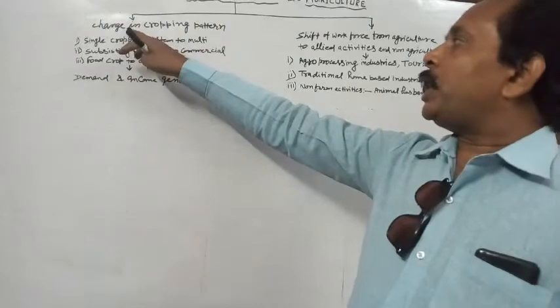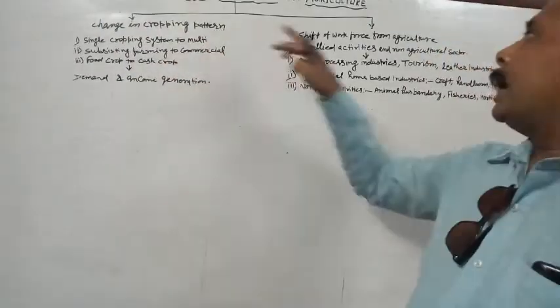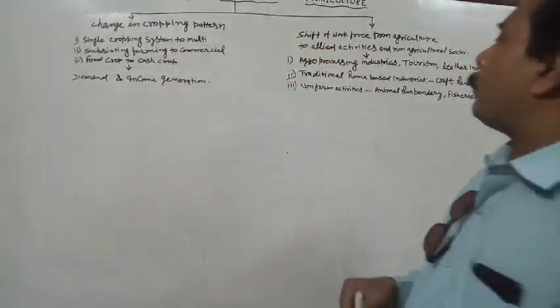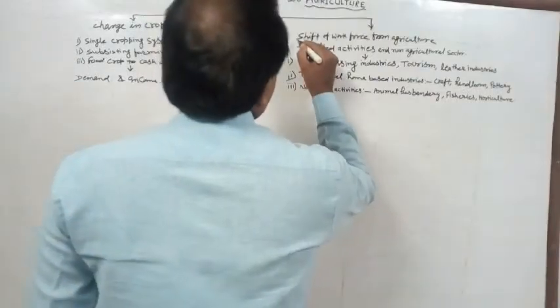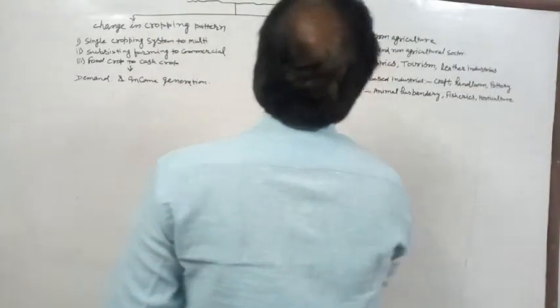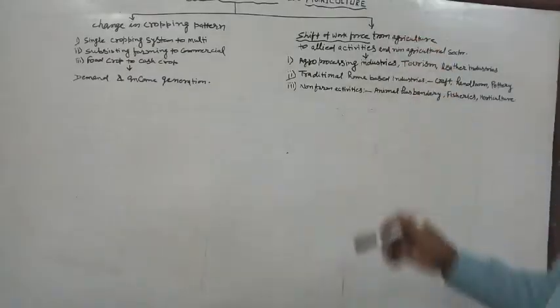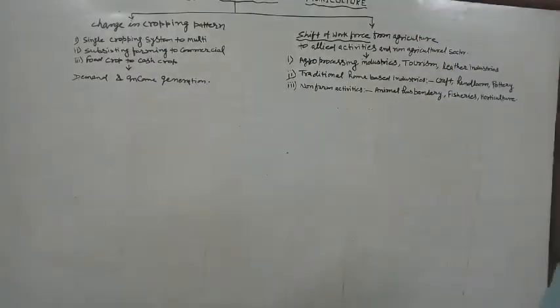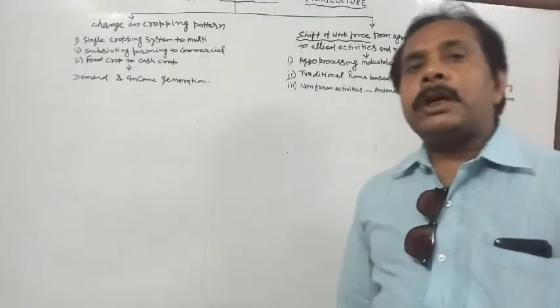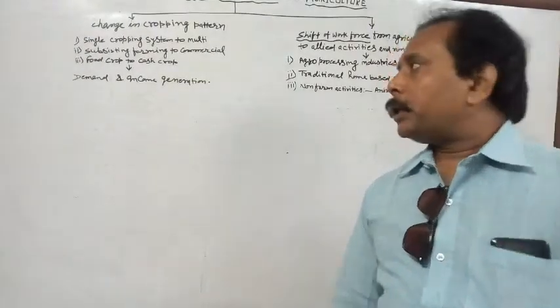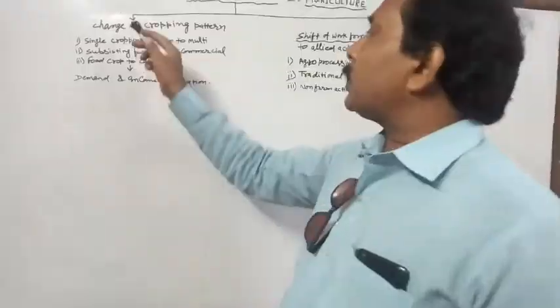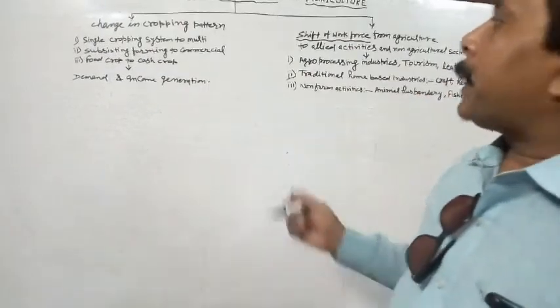First, change in the cropping pattern, and second, shift of workforce. This is the most important. Shift of workforce from agriculture, so that the excess burden present in agriculture must be reduced. And here, that is the change in cropping pattern.